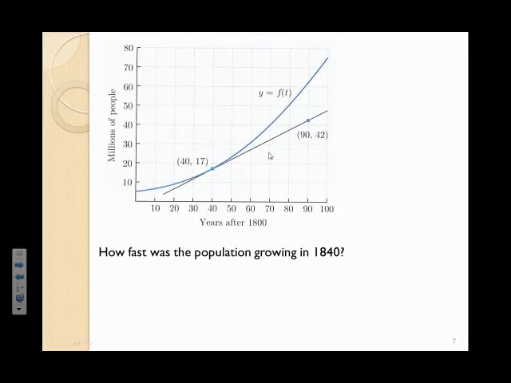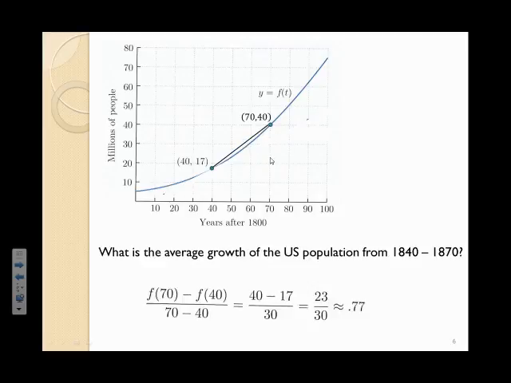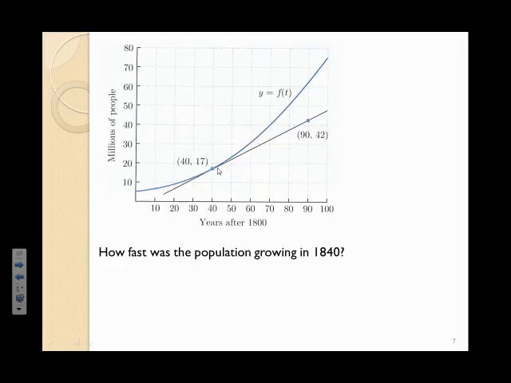So it feels similar because now we're finding the slope of this line versus before we were finding the slope of this line. But to find the slope of this line, we find a second point, and out here in 1890, the population was 42 million, and we have this here. So since we're doing a straight line, we can use, again, the slope formula.